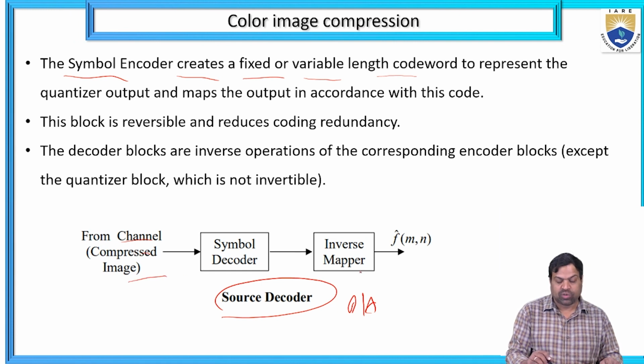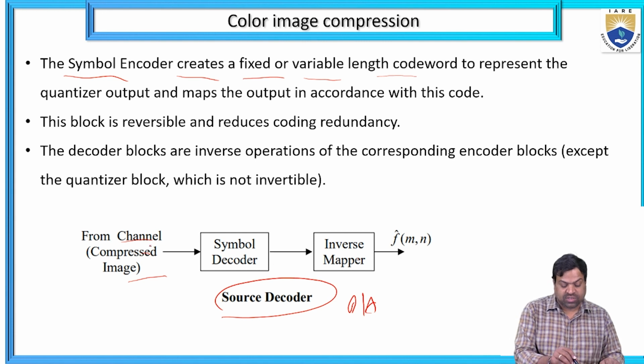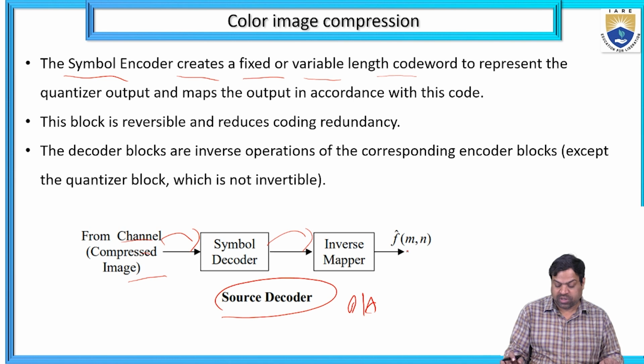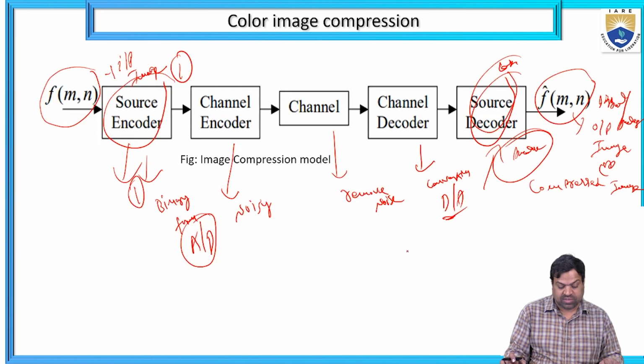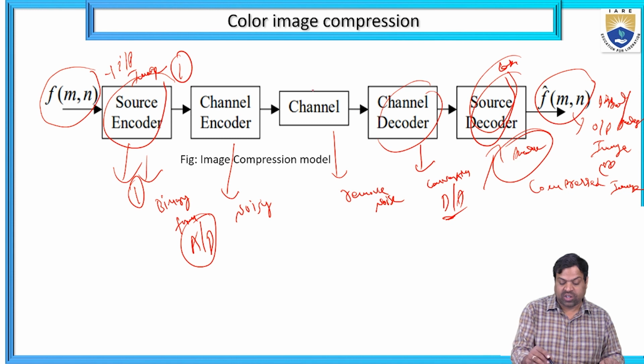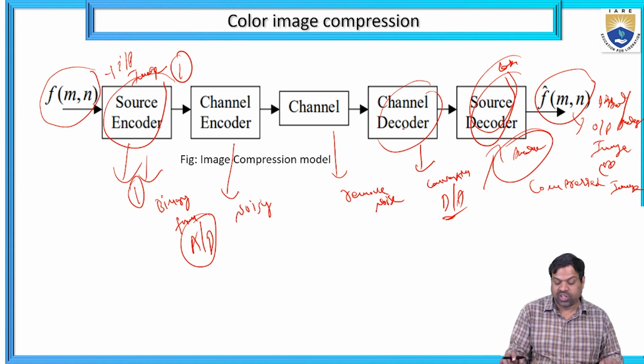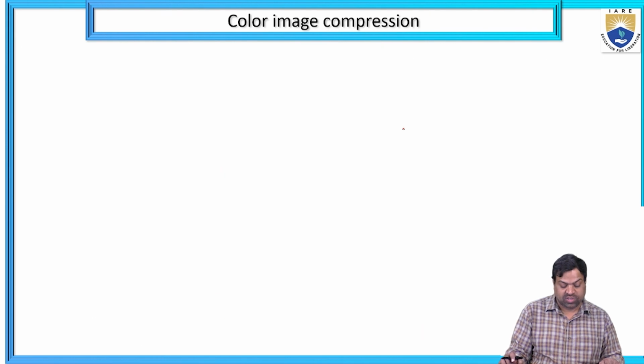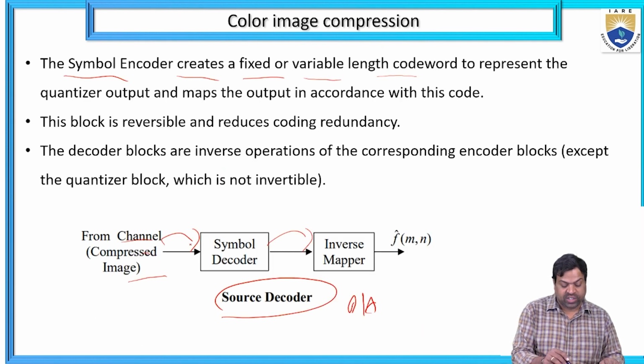So the symbol decoder goes to the inverse mapper. Here the channel decoder comes from the channel: source encoder, channel decoder, source decoder. So we can observe here it is from the channel to the compressed image.